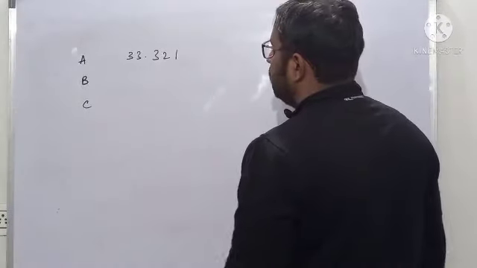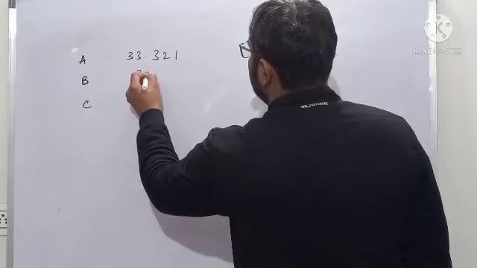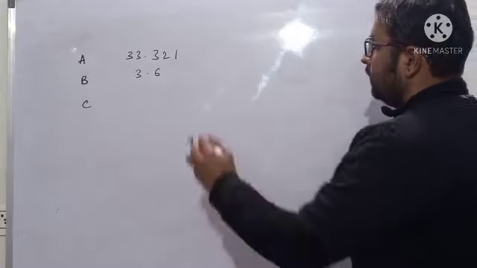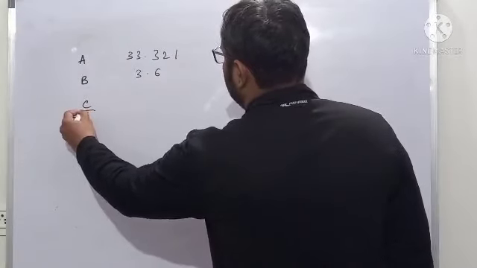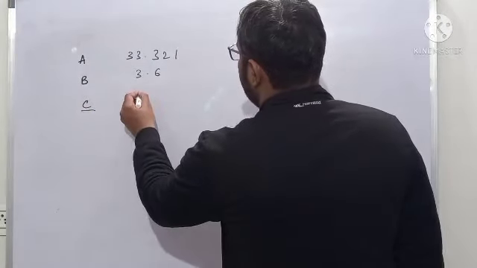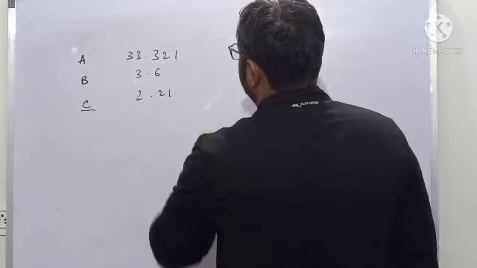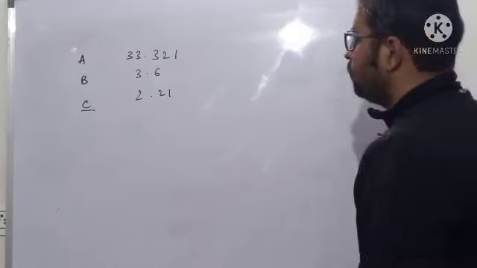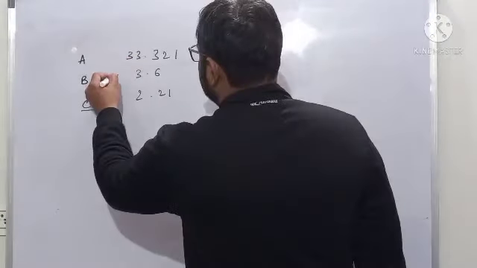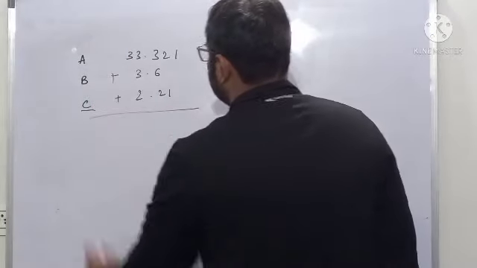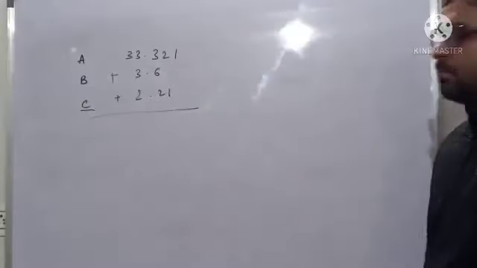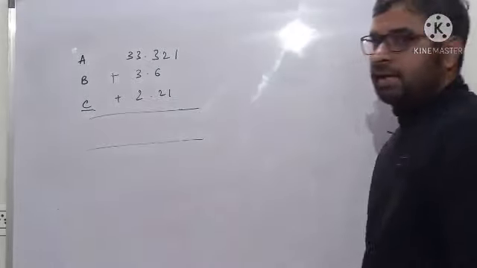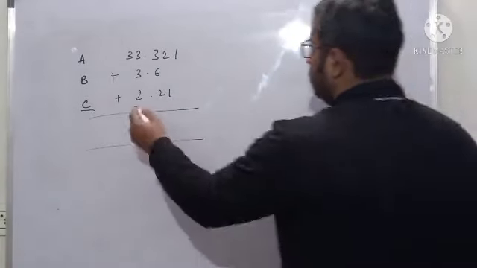The next physical quantity B has a measured value of 3.6. And the third physical quantity C has a value of 2.21. Now, suppose we have to add these three physical quantities. We can do the addition, no issues.